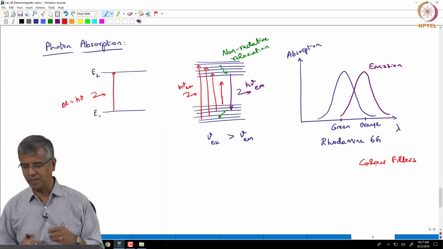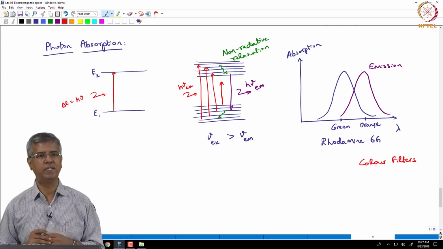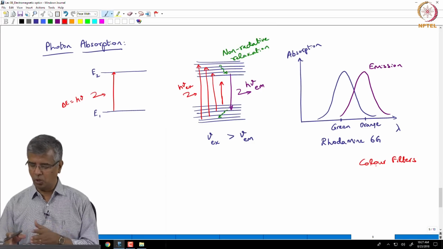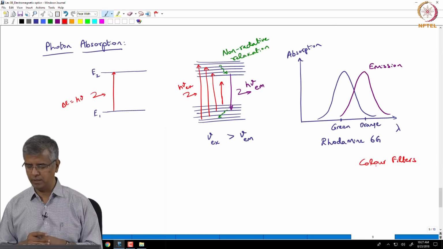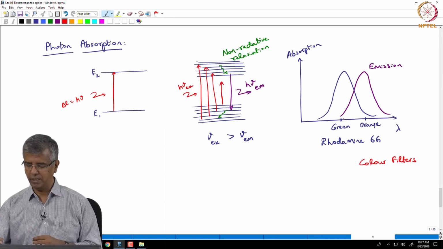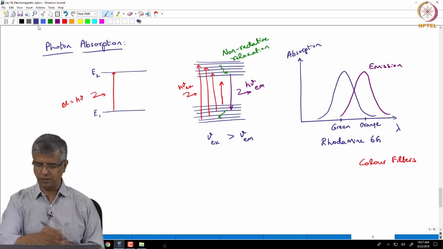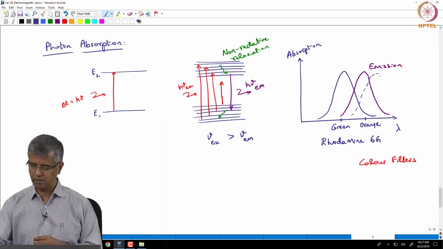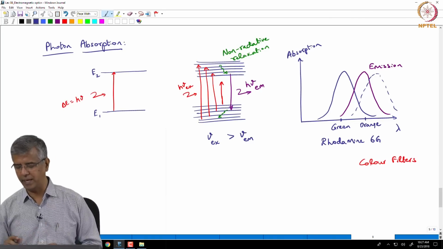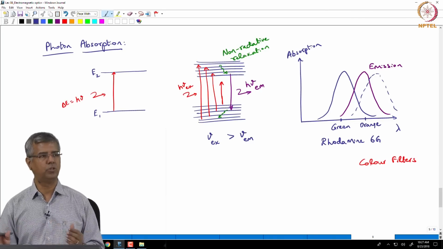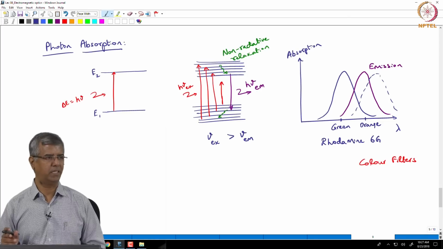but there is another color filter, which is essentially that you dope it with 2 different dye elements. Let us say the absorption for one is like this, like for rhodamine 6G, and then the absorption for the other one, if it's some other dye, may look like that, and in between those two there is very little absorption happening.